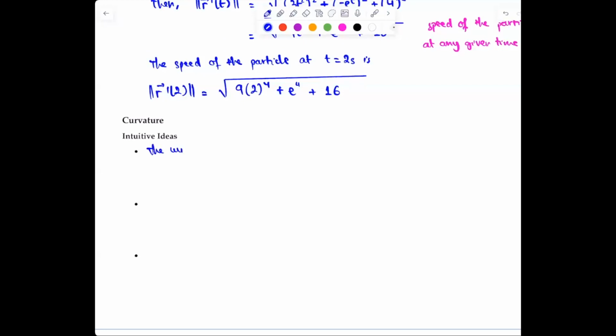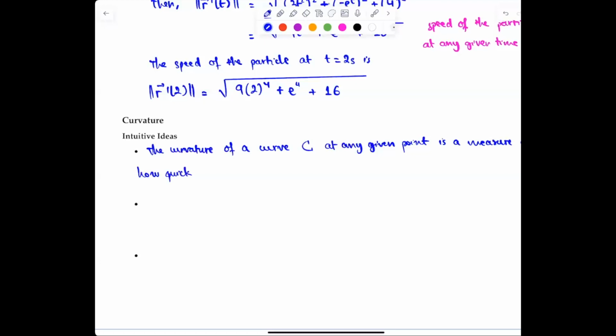The curvature of a curve C, so this is a fancy C, at any given point, is a measure of how quickly the curve changes direction at that point.